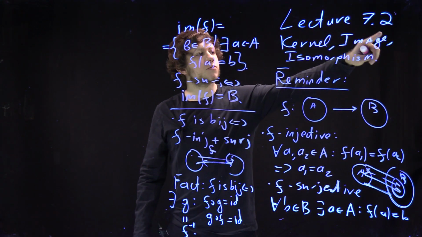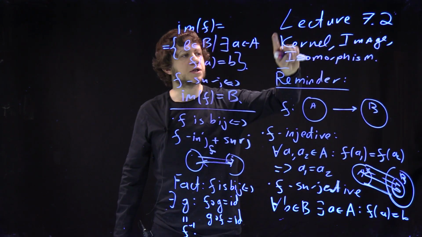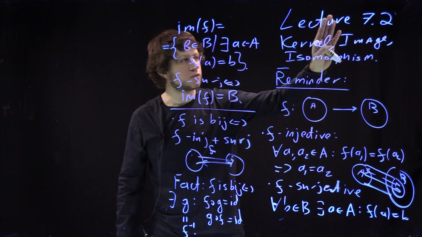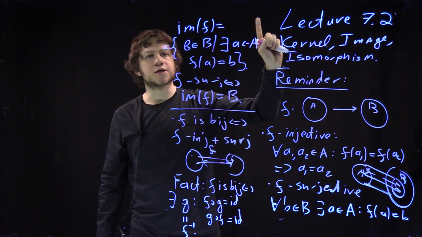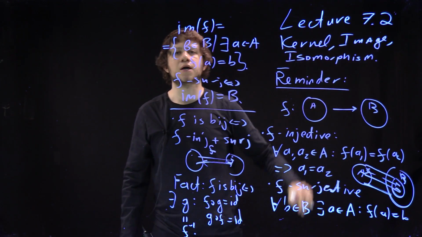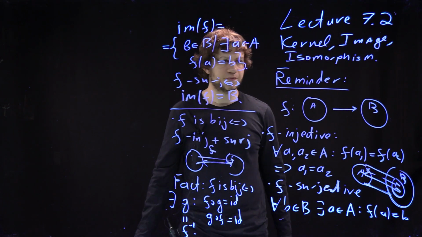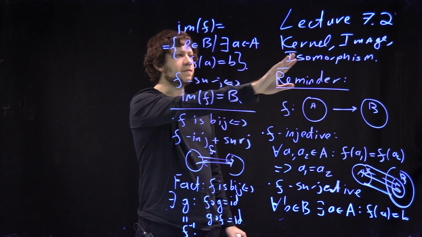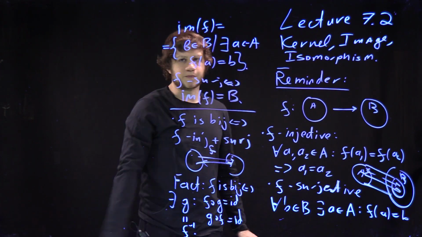We will introduce what an image is here, and what a kernel is. The image is related to how linear maps fail to be surjective, the kernel to how they fail to be injective, and isomorphisms are just bijective linear maps. Okay, so let me start with image.